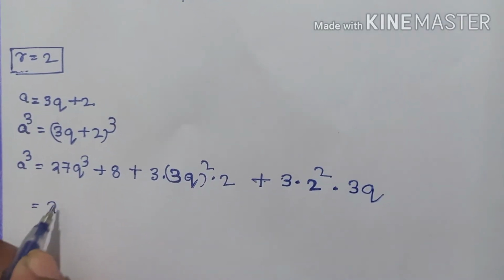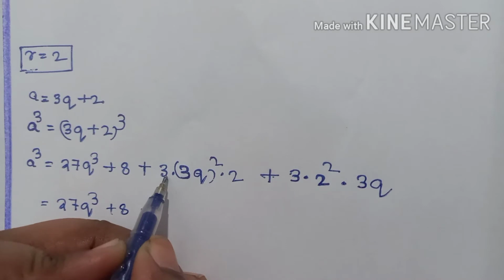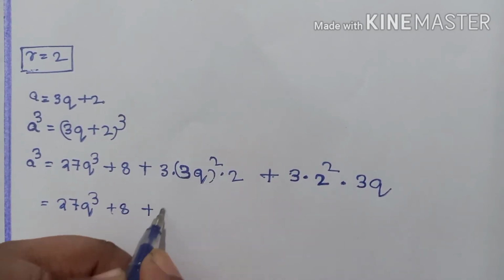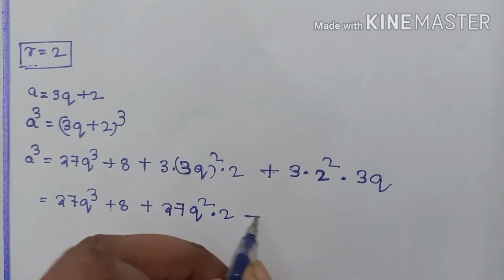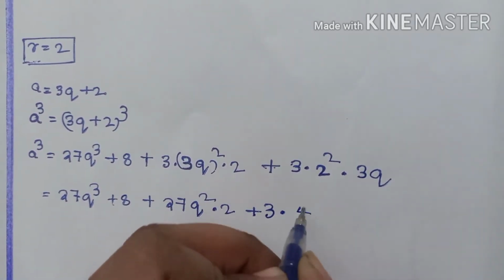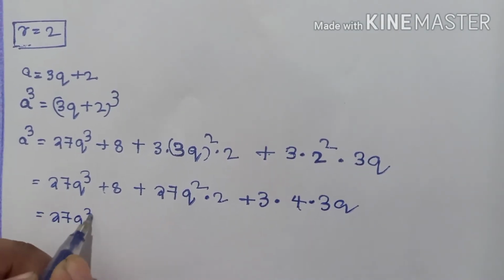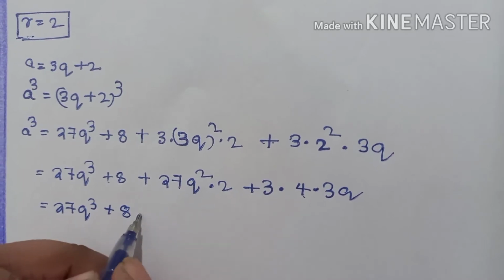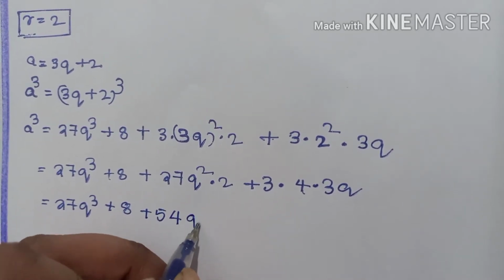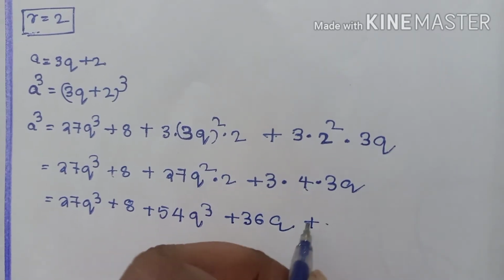Now solving this: 27 q cube plus 8, plus 3 into 9 q square into 2, that is 54 q square, plus 3 into 4 into 3q, that is 36q.